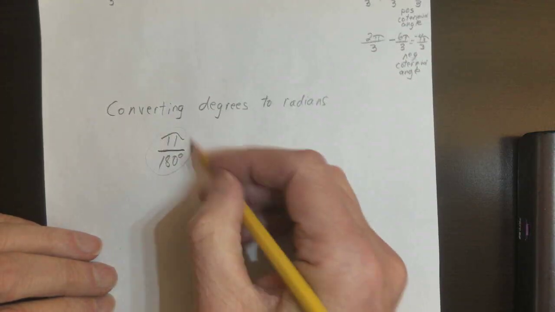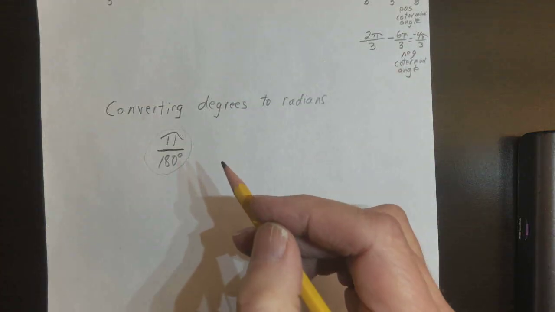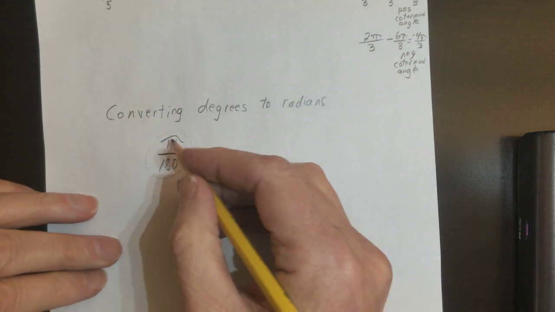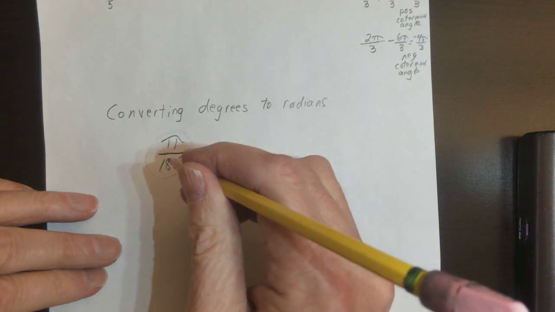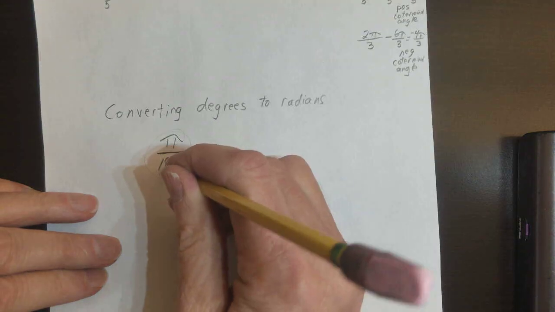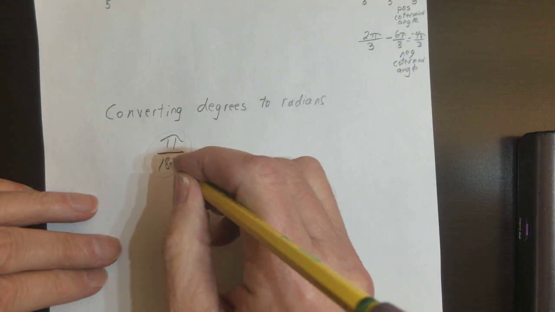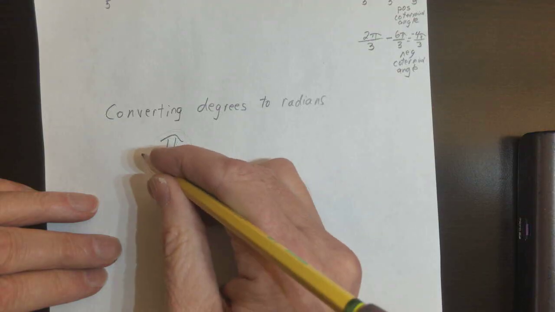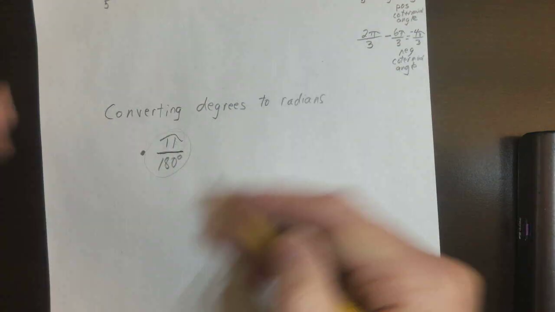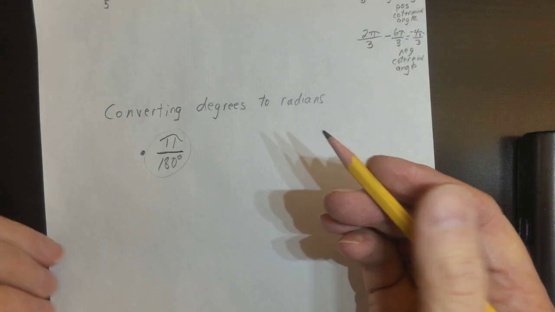This would be what we would multiply our degrees by in order to convert it to radians. Because pi radians is equivalent to 180 degrees, if the numerator and denominator are equivalent, we're just multiplying this by 1, and it'll help us change the units.